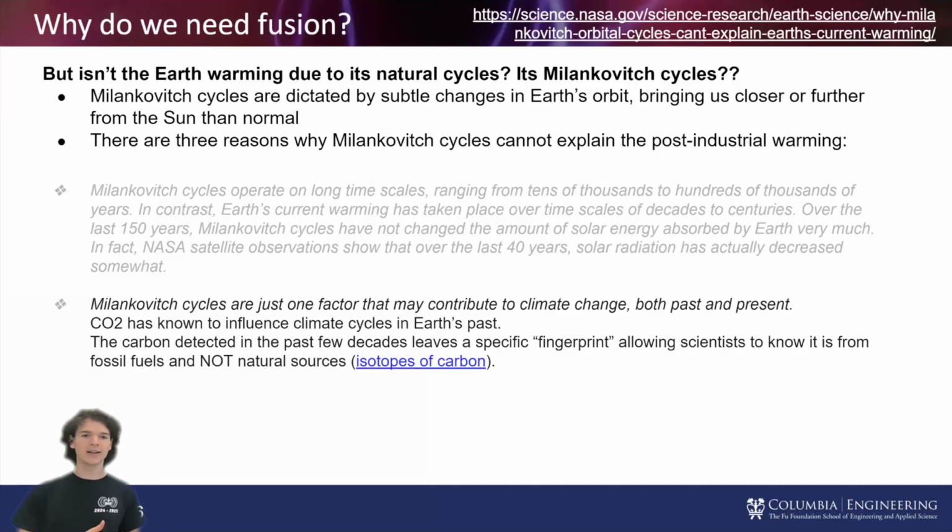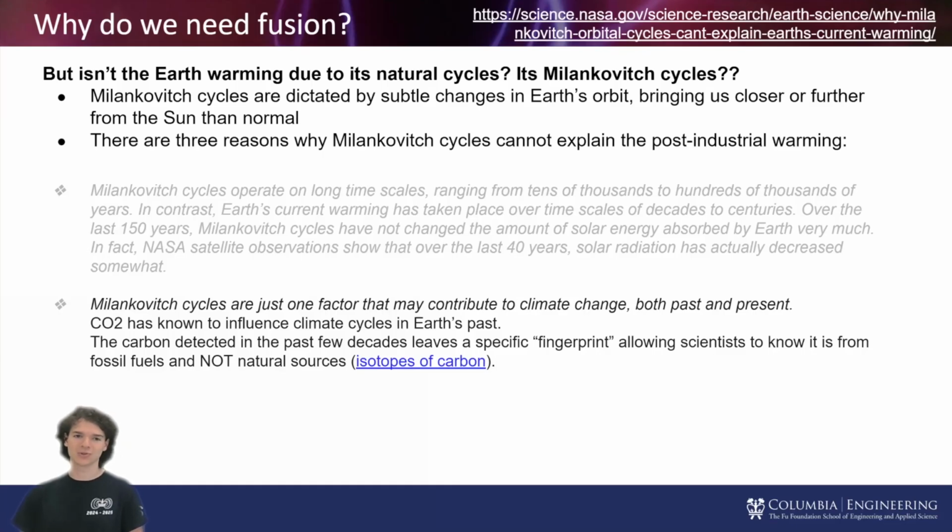Secondly, Milankovitch cycles are just one factor in a very complex picture. And we know that carbon dioxide and carbon in the atmosphere has influenced the climate cycles in the Earth's past. Something really interesting and ironic is that we talked about isotopes earlier in this course, and the fossil fuels that burn and release carbon into the atmosphere leave behind a specific fingerprint, because they're a different isotope of carbon than the more naturally occurring ones.